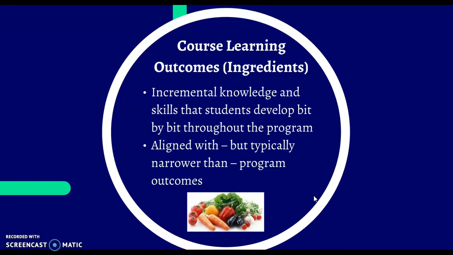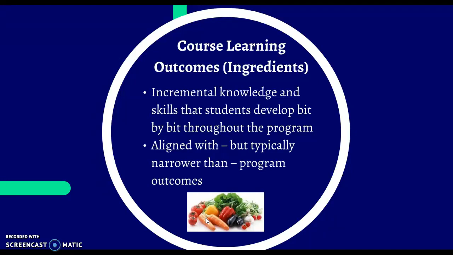Course learning outcomes, on the other hand, represent the ingredients that are in the salad. So if we look at these tomatoes and carrots, etc., each ingredient would represent an individual course in your program. And each ingredient is part of the salad. Each course is part of your program.